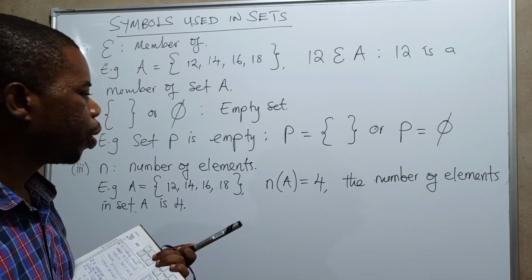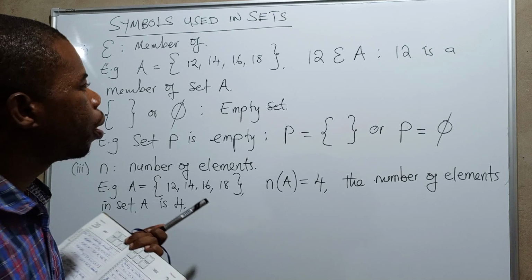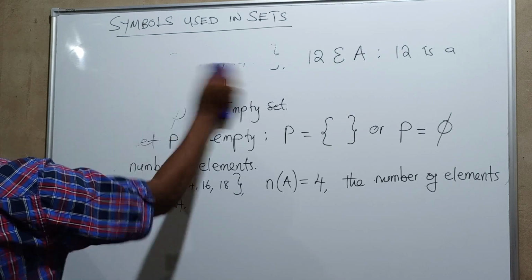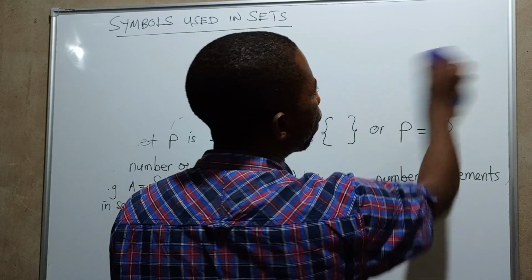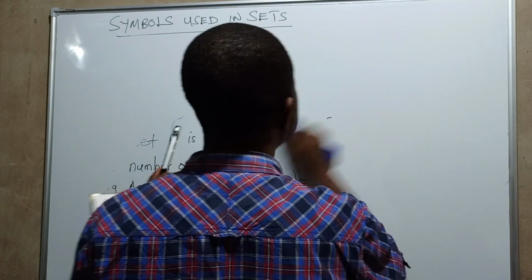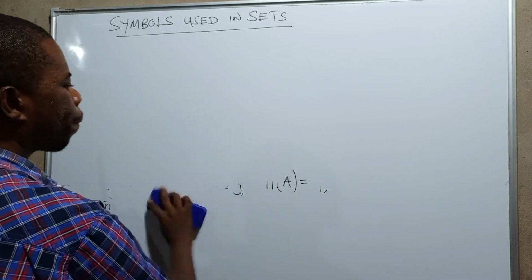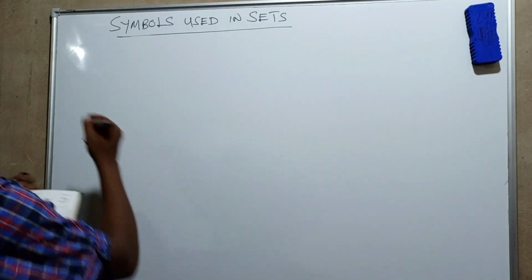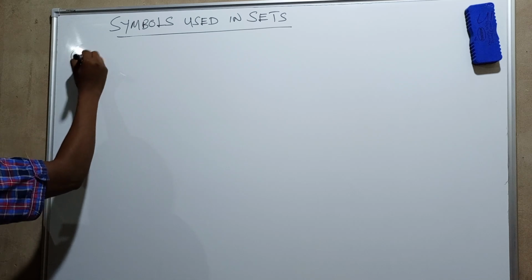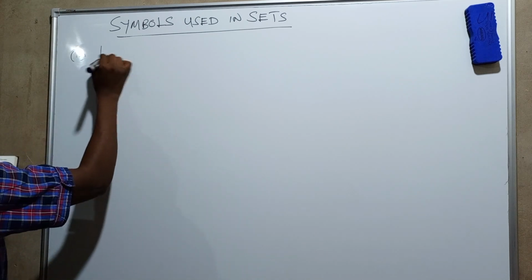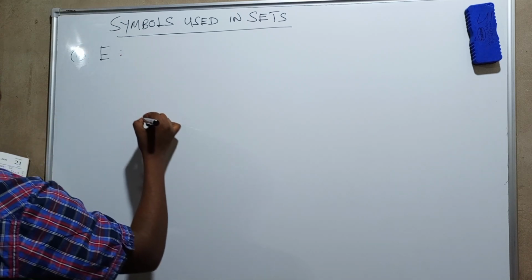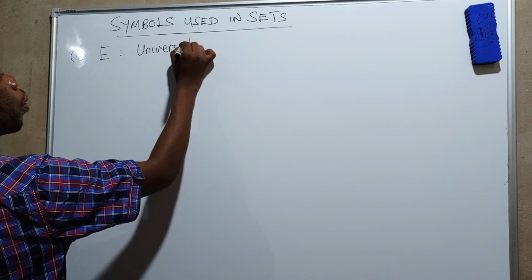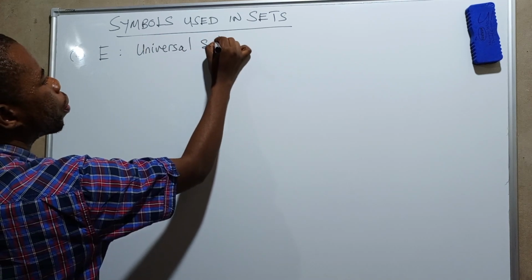Then another symbol that we need to look at is this one here. This one represents the universal set.